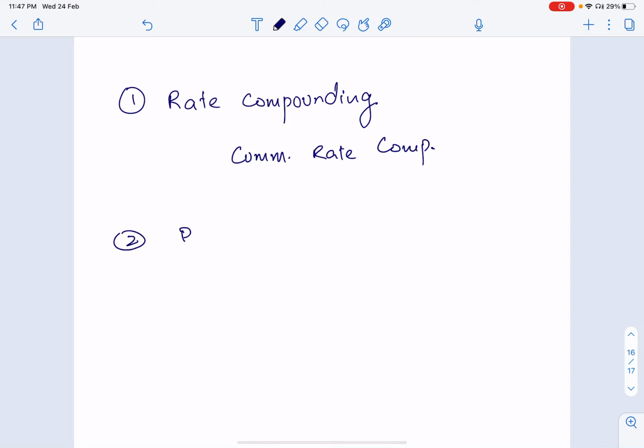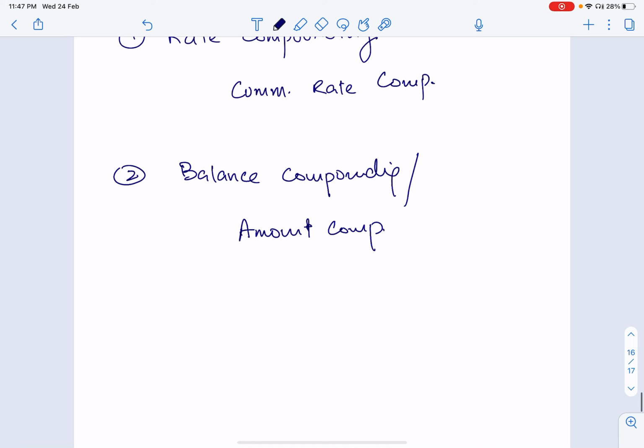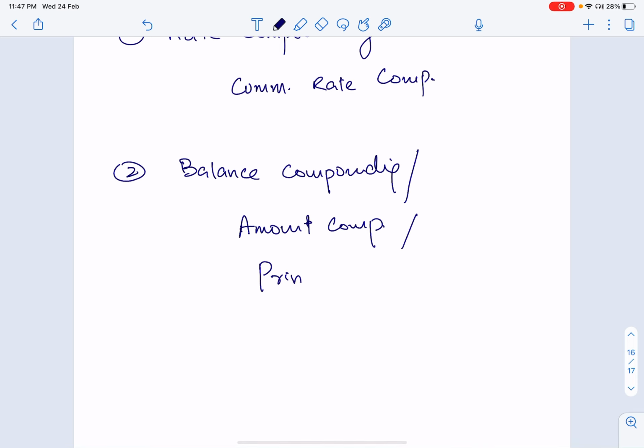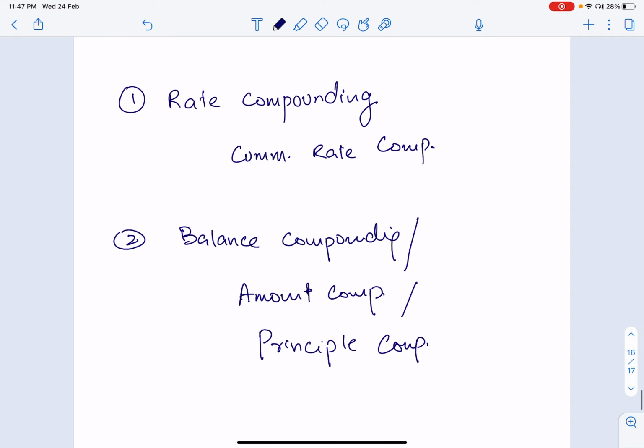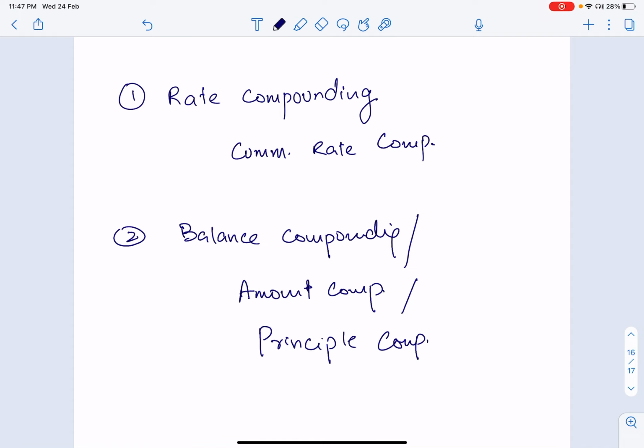And the second one is balance compounding, or amount compounding, or principal compounding. You see different names depending upon whom you're talking to. These are some synonyms that people are referring to. Effectively, they are the same thing: balance, amount or principal compounding are exactly the same thing, and rate compounding or cumulative rate compounding is also exactly the same thing.